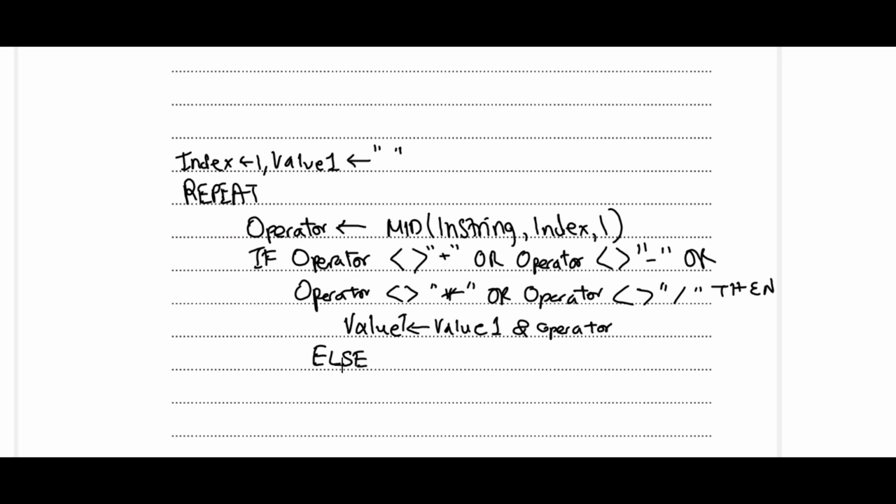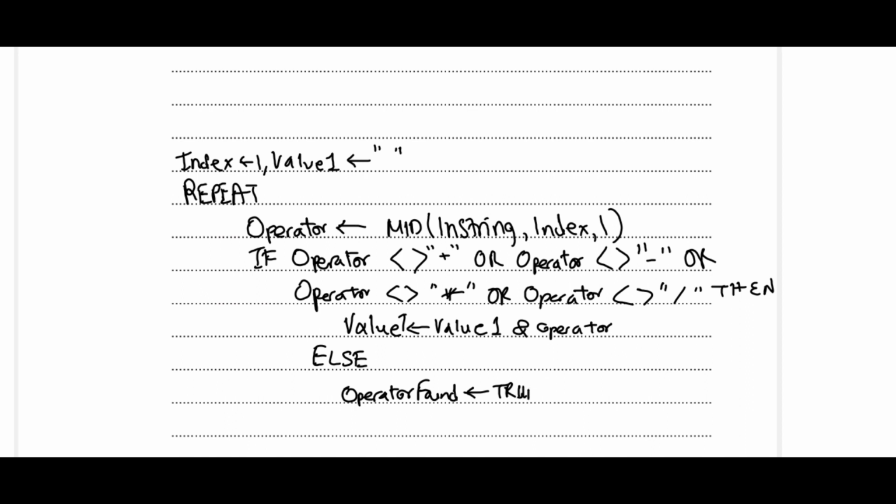Else. So if one of these is true, like this is a plus, this is a minus, this is an asterisk, because the question has told us to assume that these are going to be the only operators used in the program. Else, we're going to be writing operator found is equal to true.